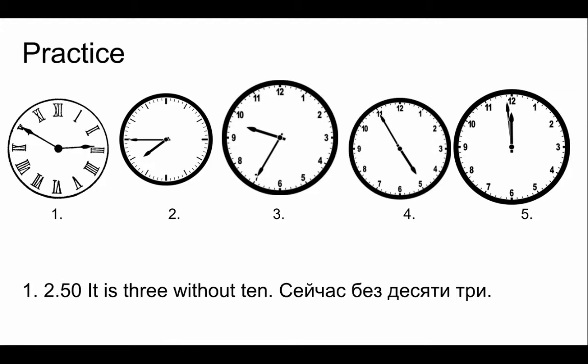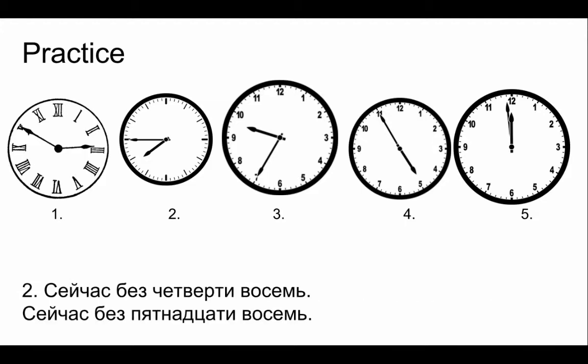Let's try a few. Here, with number 1, we have, it is 3 without 10. Сейчас без 10:03. Pause and try the rest of these and then check it. Хорошо, давайте посмотрим на 2. Сейчас без 4:08. Или сейчас без 15:08. So here it's 8 o'clock without a quarter, or 8 o'clock without 15.